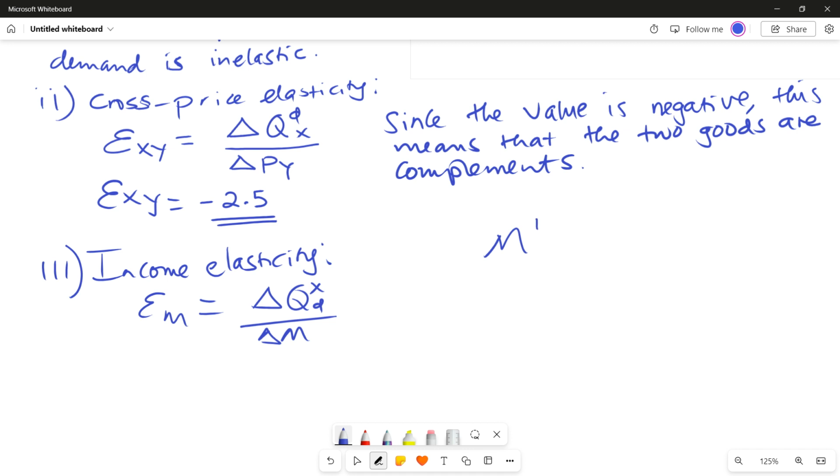So the elasticity of income is equal to, the 1 will drop, we multiply by M, and then from the power of M we remove a 1. So this will be 1 multiplied by M, but this M will now be raised to power 0. Anything raised to power 0 is 1. So this is more like 1 times 1, which is 1. Therefore income elasticity is exactly equal to 1.